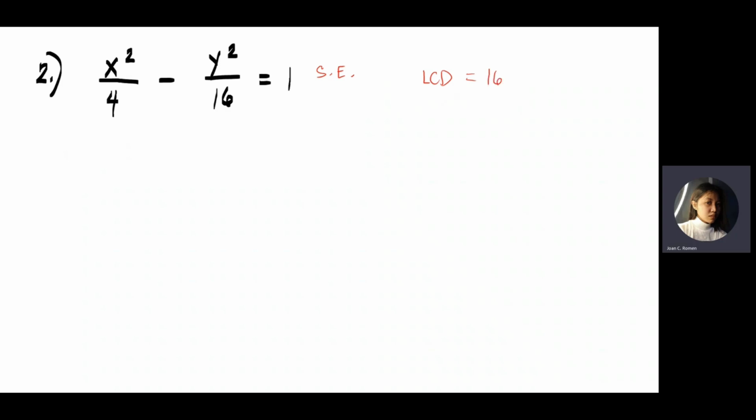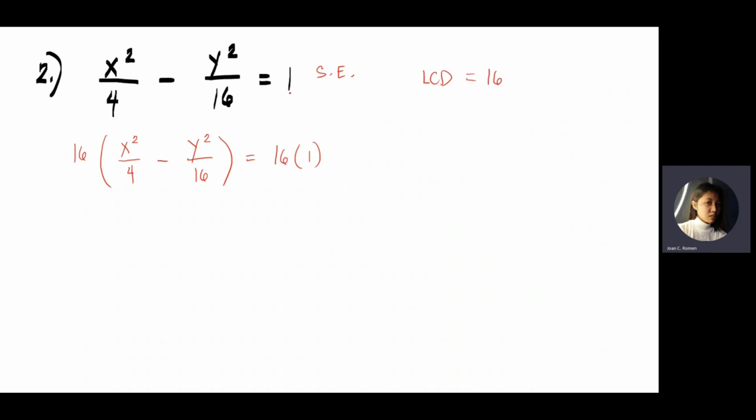So once meron na tayong LCD, ang sunod na pong gagawin is i-multiply natin yung 16, which is our LCD, sa buong equation or both sides. Multiply by x squared over 4 minus y squared over 16 is equal to the LCD, which is 16 multiplied by 1.